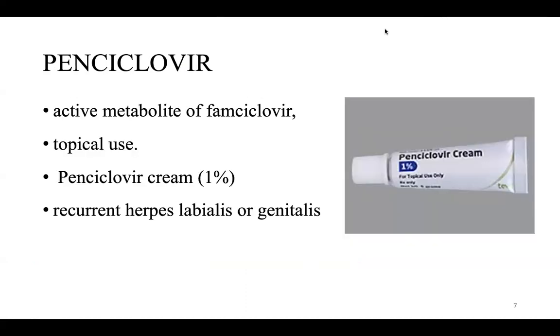Next drug, penciclovir. The guanosine analog penciclovir, the active metabolite of famciclovir, is available for topical use. Penciclovir cream 1% shortens the duration of recurrent herpes labialis or herpes genitalis.